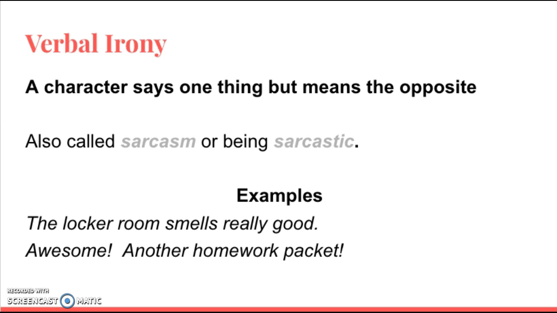If you're a student, you're probably not thrilled about another homework packet, but you're being sarcastic. So the expectation of what you're saying is that you're excited about the homework packet, but what you actually mean is the opposite. So it is ironic. It is verbal irony.